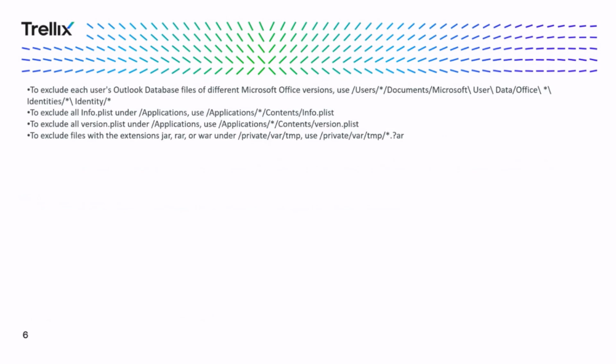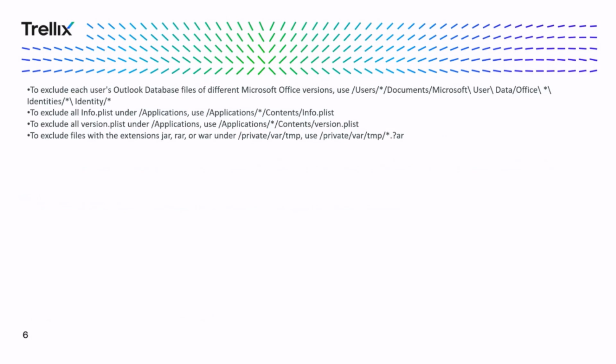To exclude the info.plist file under applications, this is how the regular expression looks when we are trying to add that as an exclusion. To exclude all versions of plist files, or all the version plist files, this is the regex.